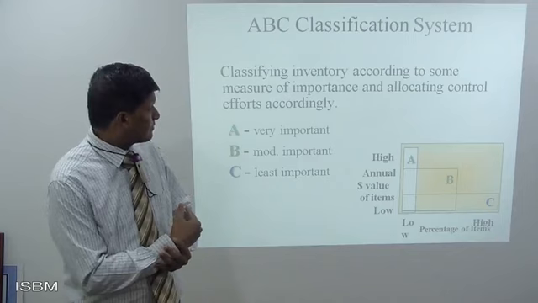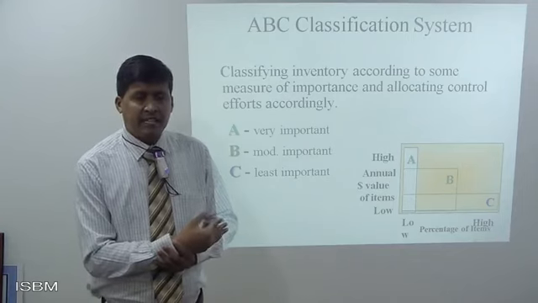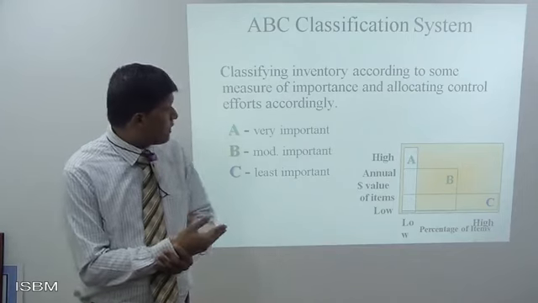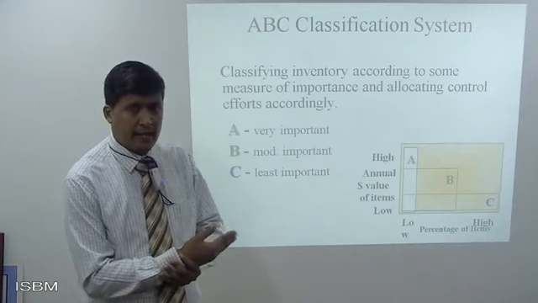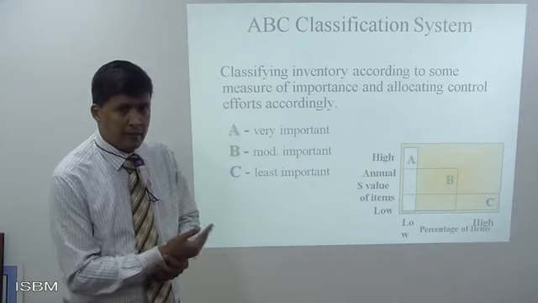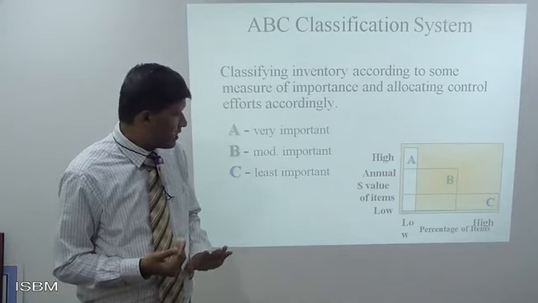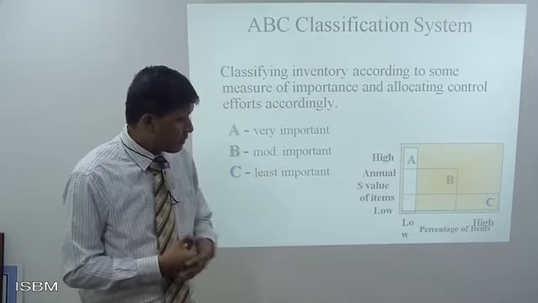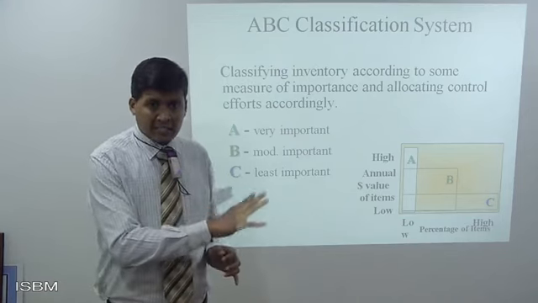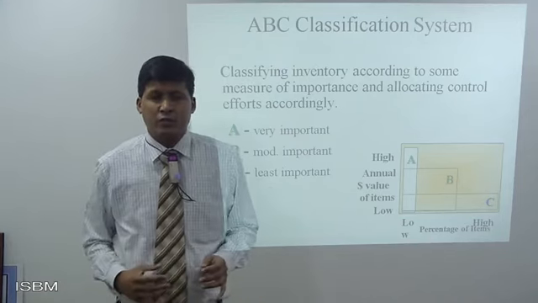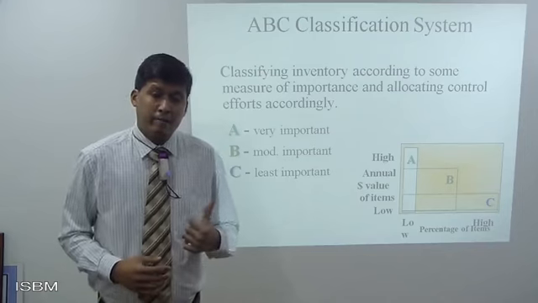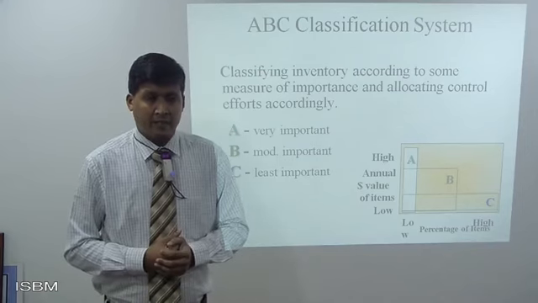That means classifying inventory according to some measure of importance and allocating control efforts. A, important, B, moderately important, and C, least important. If you see in the graphical representation. So based on this, differentiation also needs to be factored in based on customer satisfaction.